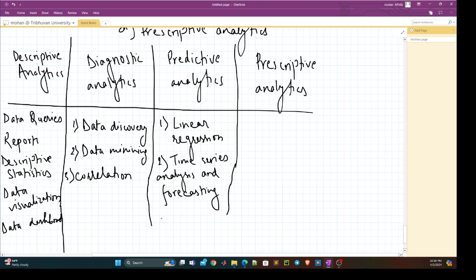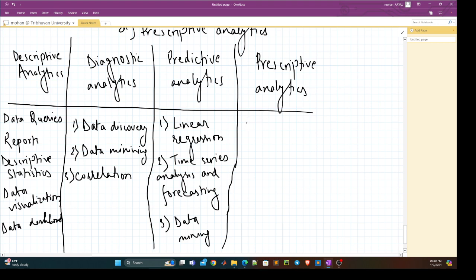And the third one is data mining. Data mining is used in both predictive as well as diagnostic analytics.